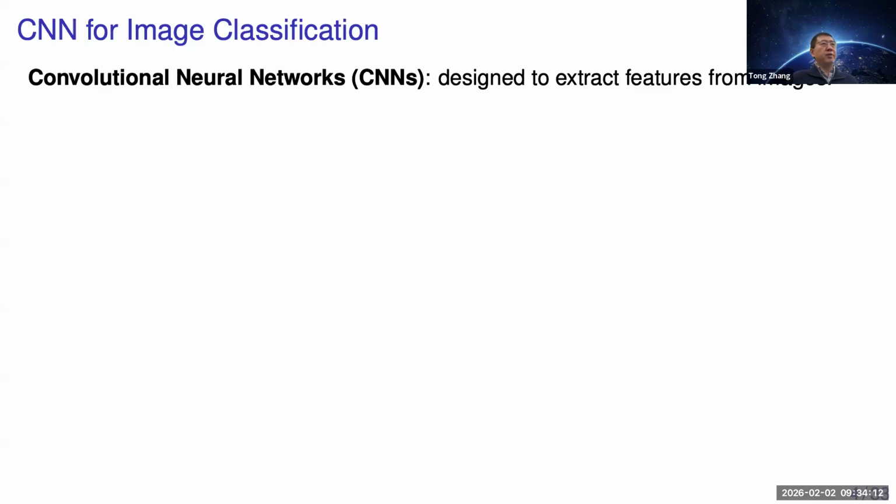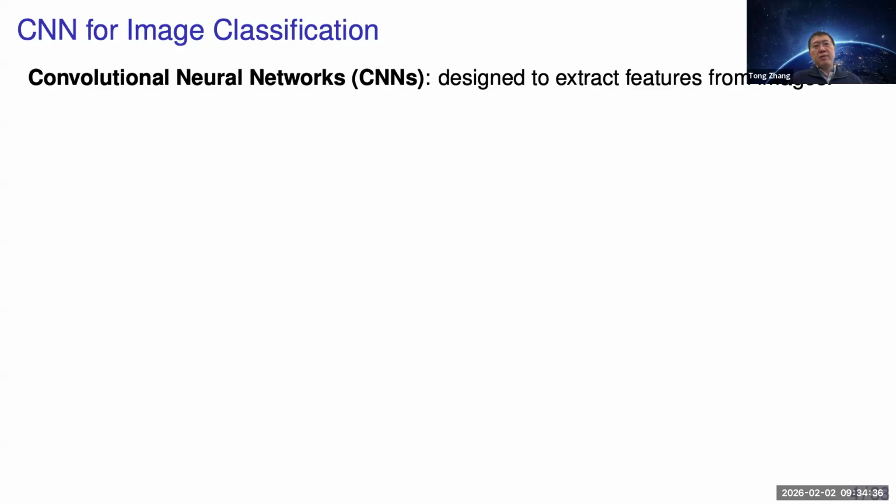But for ImageNet, with images of 200 pixels or even larger, 200 times 200, you have a high dimension, something like 500,000 dimensions. It's pretty large.